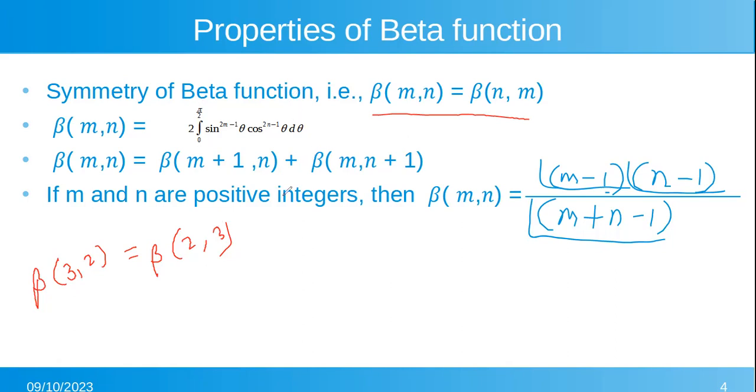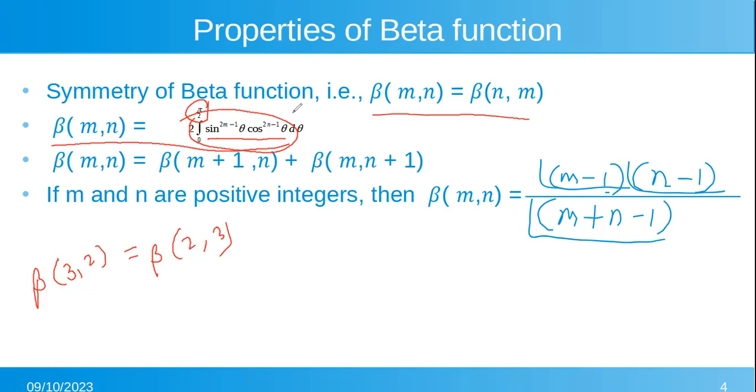Next property is the representation of beta function in the form of trigonometric function. Remember this structure where lower limit is 0 and the upper limit is pi by 2, and the integrand part contains sine and cos function, and their powers are respectively 2m minus 1 and 2n minus 1.